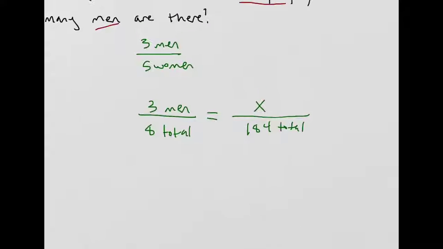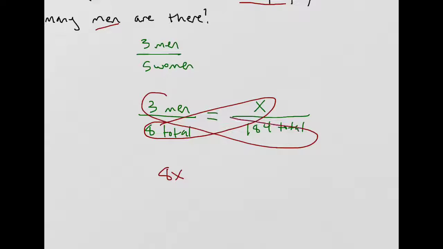And now we're going to use cross products to help us solve this. So 8 times x is 8x, and that has to equal 3 times 184. Three times 184 is 552.